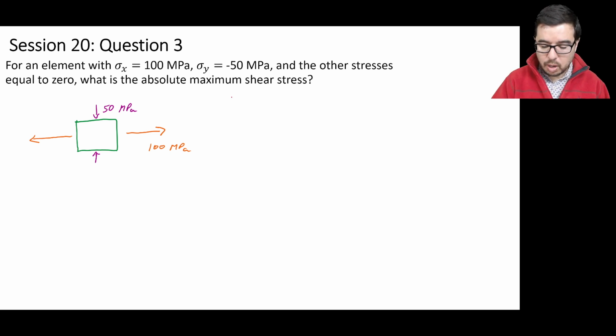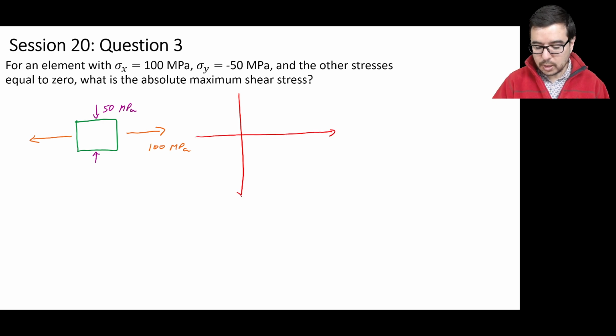So for this problem, what we'll do is start off by drawing Mohr's circles on a sigma tau coordinate system as we've drawn here. And we see that we have one point out at 100 megapascals, and that is the sigma x.